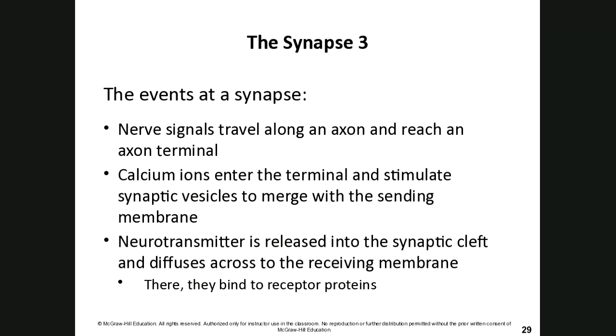When those vesicles are released, those neurotransmitters are going to go across the synaptic cleft and bind to the membrane of the receiving cell, and they bind to special protein receptors. When they bind to those receiving cell receptors, it allows those positively charged sodium ions to come into this resting receiving cell in order for it to also generate an action potential.